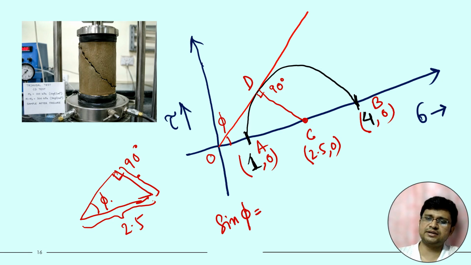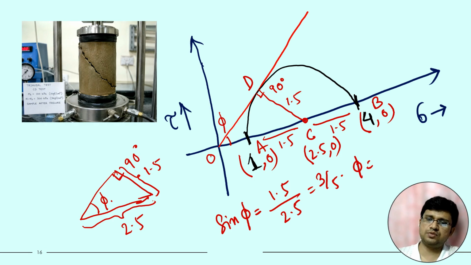CD is the radius of the Mohr circle, and the radius is 1.5. Total gap is 3, so radius is 1.5. So how much will be sin phi? Sin phi will be 1.5 by 2.5, height by hypotenuse. So this will be 3 by 5.